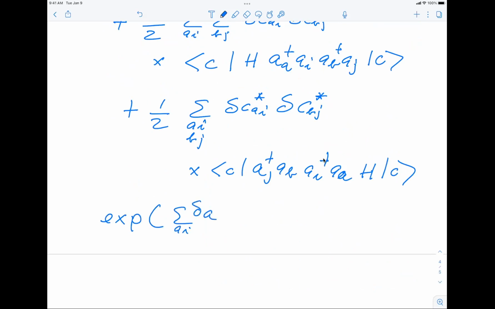So I have this delta C of AI and AA acting on the vacuum state.